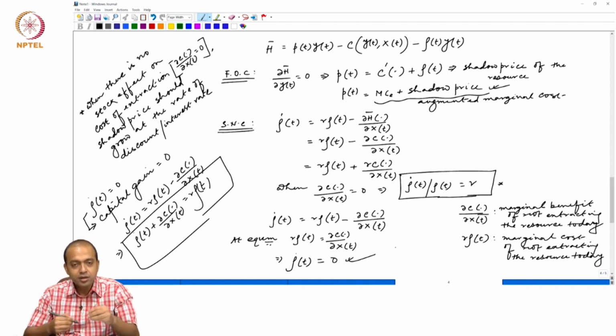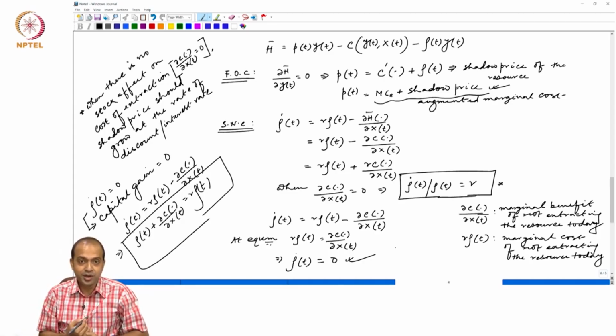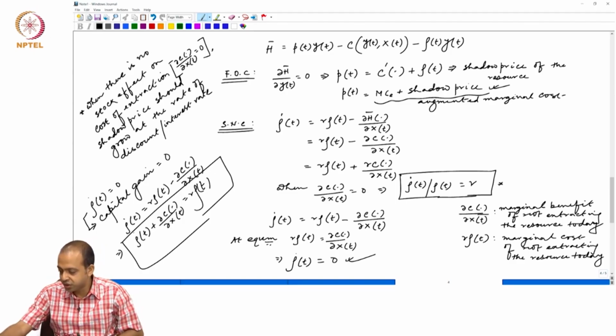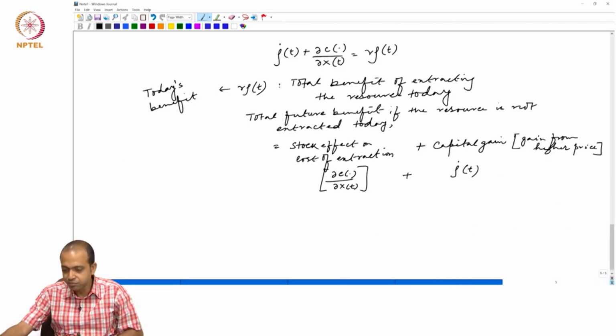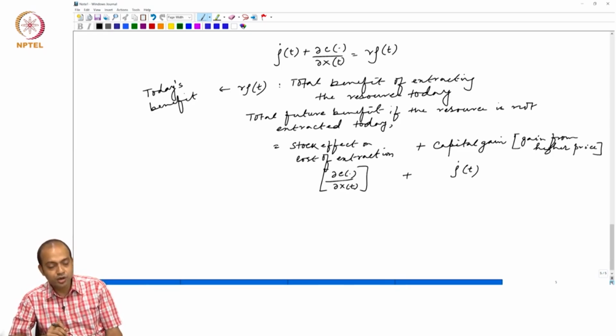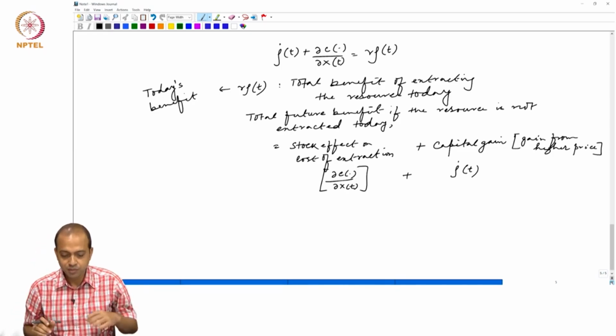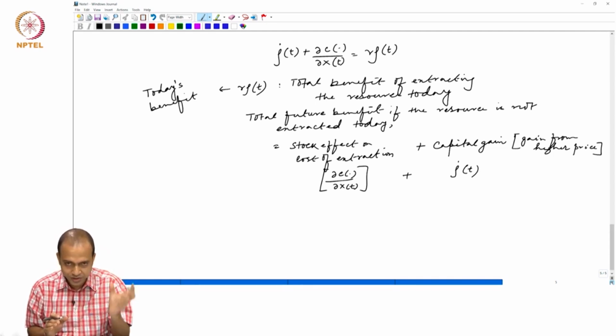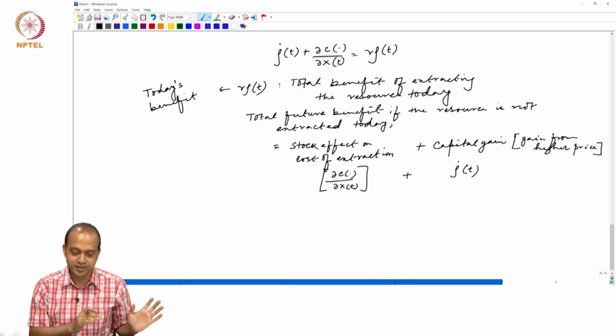So, that means the resource owner is indifferent when there is no capital gain, okay? There is no capital gain. So this condition, rho dot t plus del c by del x_t equals r into rho_t, tells us that at equilibrium today's benefit of extracting the resource should equal tomorrow's benefit if it is not extracted today.